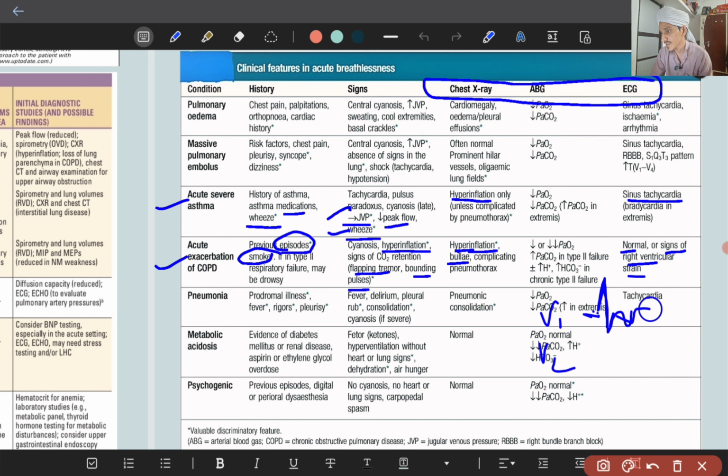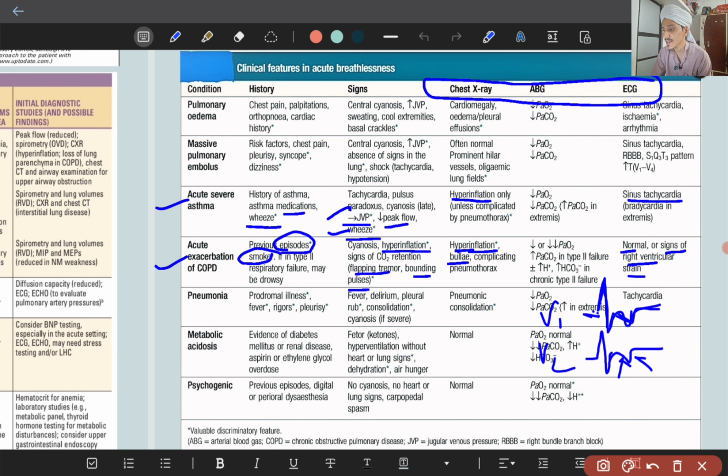One more important point about this inverted T wave is that the two limbs will not be symmetrical. This limb is sloping and this one is somewhat straight. That represents the right ventricular strain pattern.